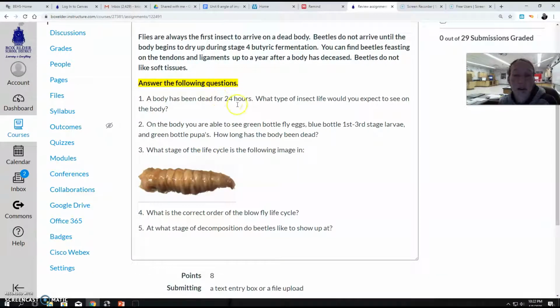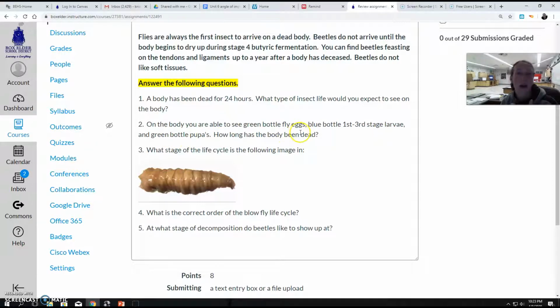So a body has been dead for 24 hours. What type of insect life would you expect to see on the body? So you have to understand, after 24 hours, you could still see some eggs, but a lot of those eggs have transformed into first stage larvae, which would be maggots. So you'd expect to see tiny little maggots. Okay, number 2, on the body you were able to see green bottle fly eggs, blue bottle first, second, third stage larvae, and there's green bottle pupas.